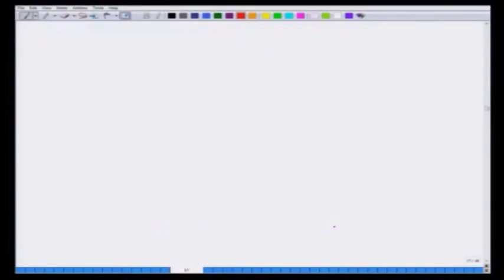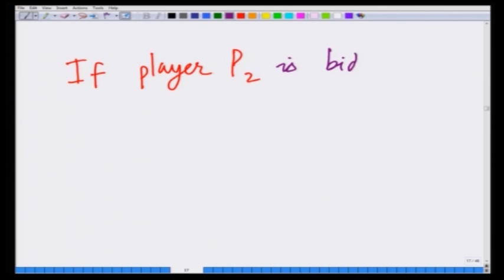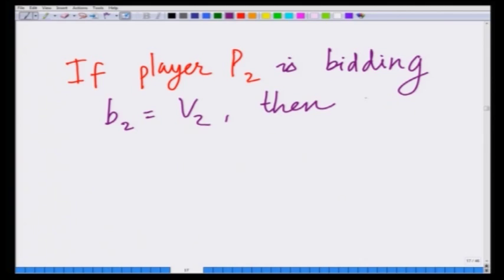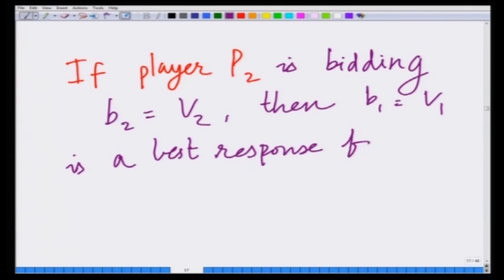Therefore, we can conclude that if player P2 is bidding B2 equals V2, then B1 equals V1 is a best response for player P1.